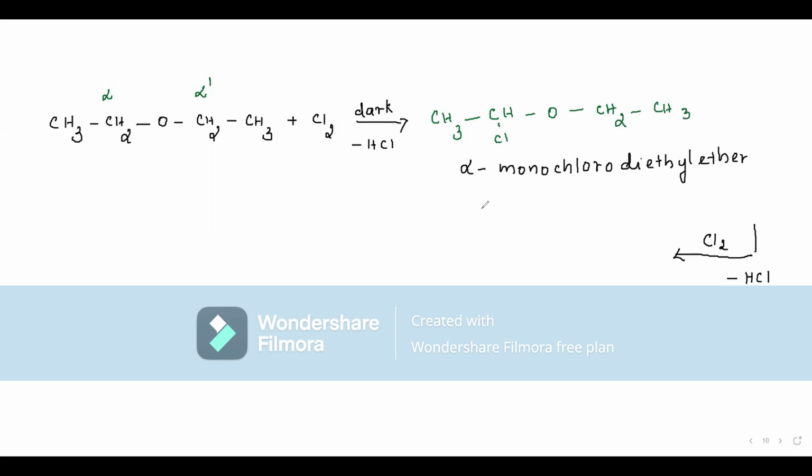This is called alpha monochloro diethyl ether. Alpha monochloro, meaning on the alpha position, there is one chloro group.